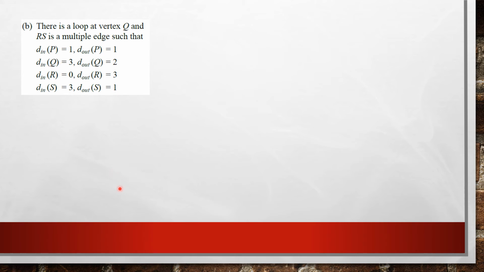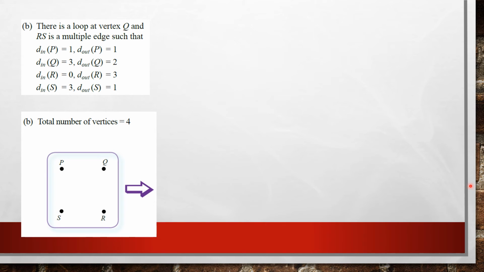So how do we want to draw? As usual, the first step, what you must do, is draw the vertices. You mark the vertices first, P, Q, R, S. You have a total of 4 vertices here. Then, you are given the information that there is a loop at vertex Q and RS is a multiple edge. So this is a plus point for you.